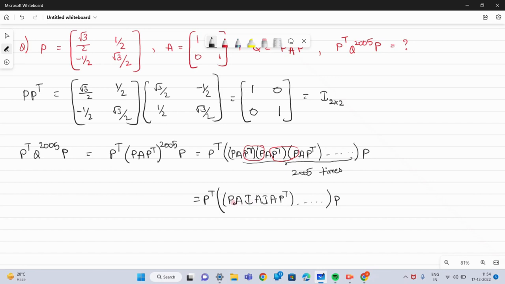Now, any matrix multiplied with identity matrix, you'll get the same matrix, right? So it becomes P transpose P A into A into A, P transpose 2005 times P. You will get it as P transpose P A cube P transpose and all other things and P. So you can observe a pattern over here.